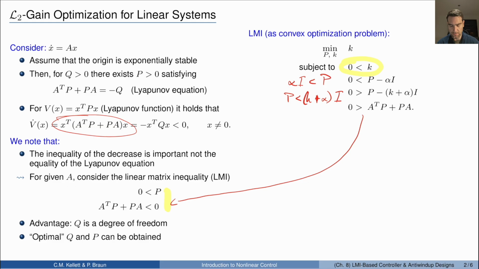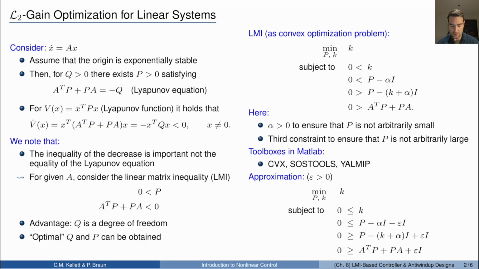Okay, well, that's a convex optimization problem, but how do we actually solve it? Well, for these kinds of problems, there exist tools. For example, in MATLAB, one could use the toolboxes CVX, SOS tools, or YALMIP to write optimization problems of this form and then solve them.